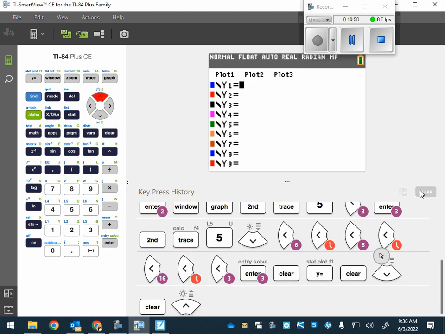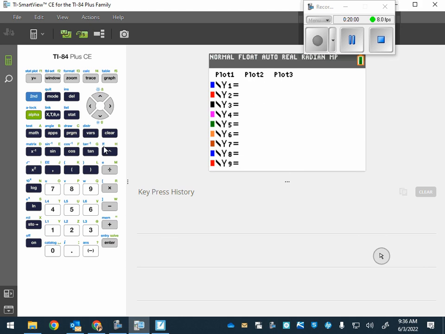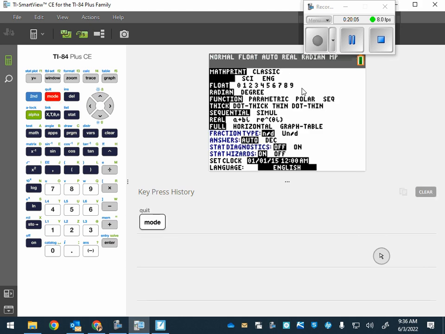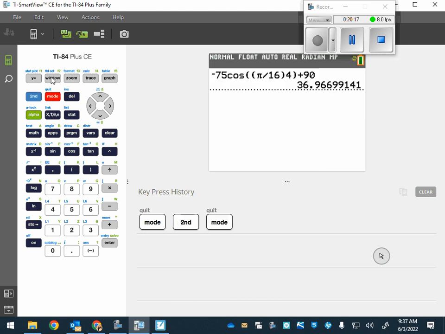So make sure we're in radians, right? Everyone's in radians from last time. To go into radians, if you're not, check mode, radians should be highlighted. Okay? And if it is, then you're good to go. Okay.